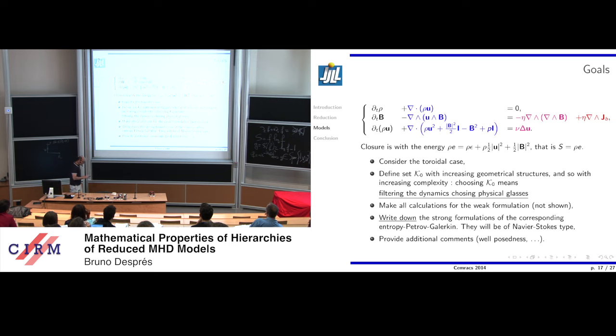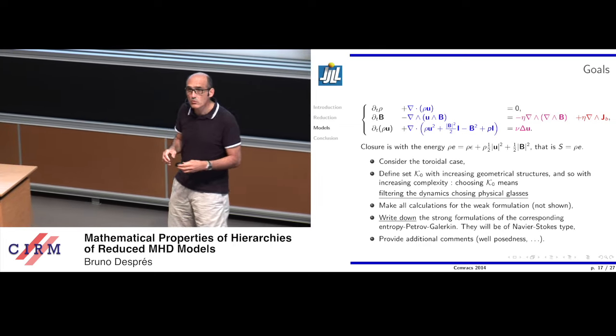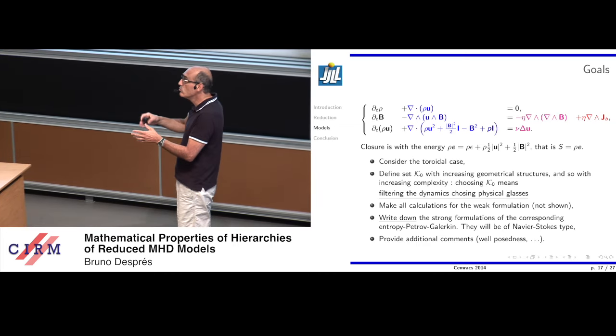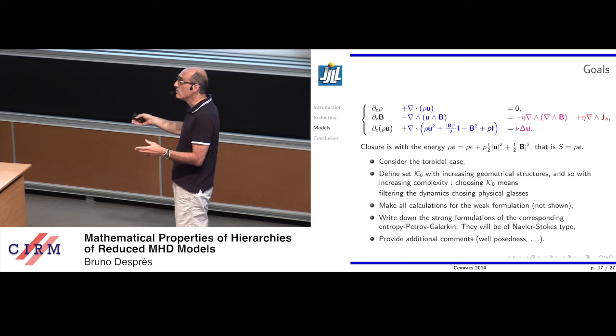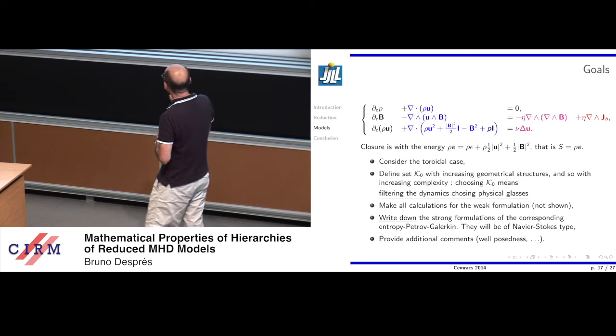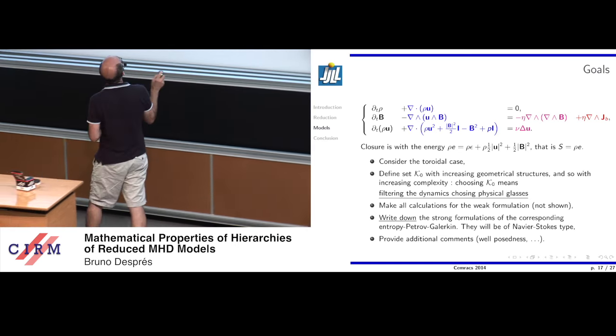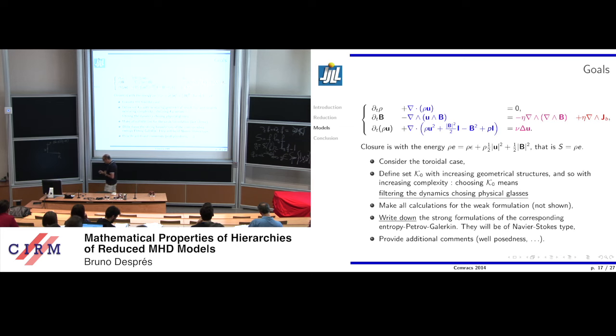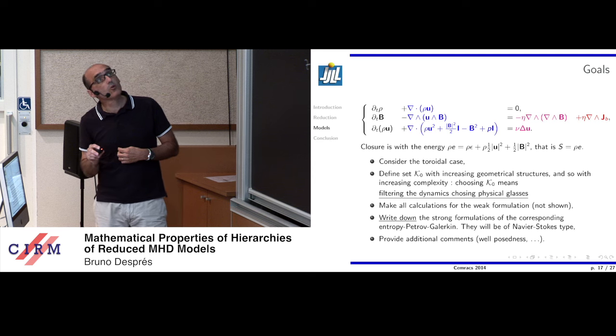And now I would like to use that formalism to reduce some models. I want to do the exercise of seeing what I will get at the end. So once again, I start with that model, and now the closure, as I said, is the usual energy.